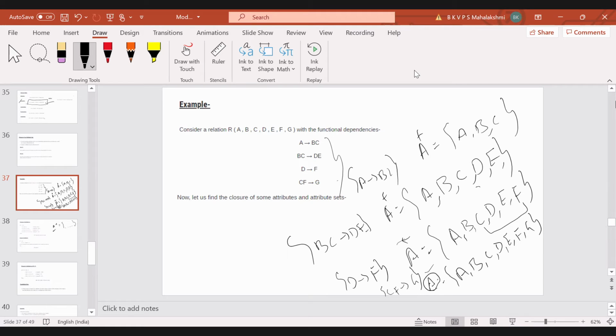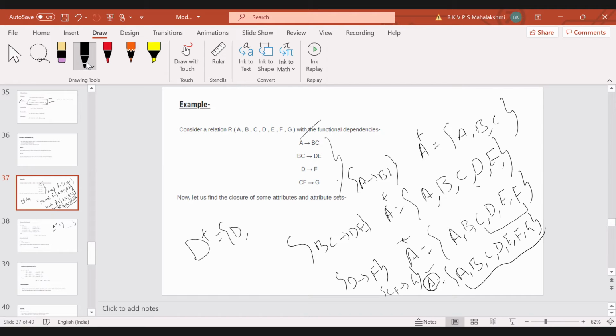So in this way, we can identify the closure attributes. So this A derives everything. So I can put this one in the candidate set actually. Because at first I cannot say that A is a prime attribute. Maybe D also can derive all the attributes. That we have to check. So D, I'll find out the closure now.